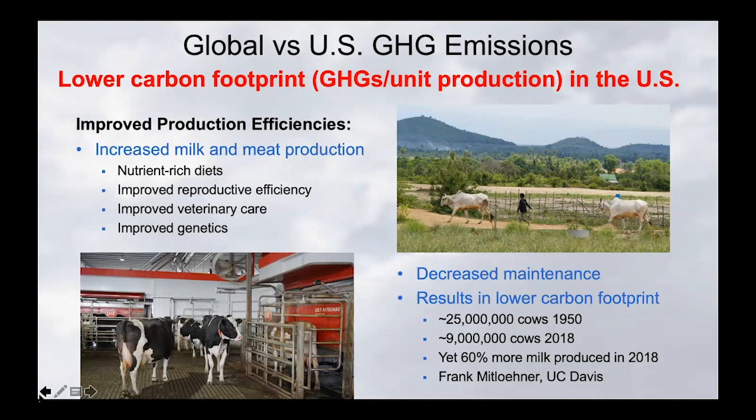We have increased our production so much, we've been able to reduce the number of cows, and yet we still are producing more milk. That helps lower our carbon footprint. The developing countries aren't to that level yet. And I'm not saying that that's entirely perfect, but if you're looking at the greenhouse gas emissions, there are some definite benefits to having a more intensive system.